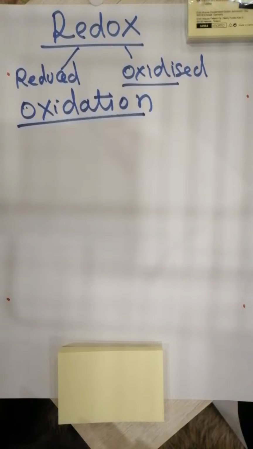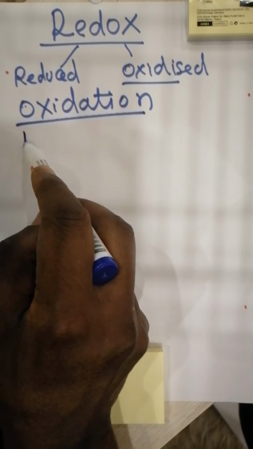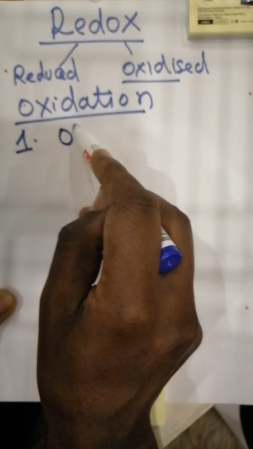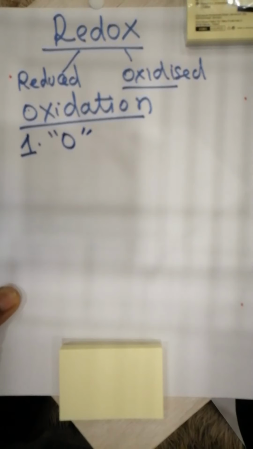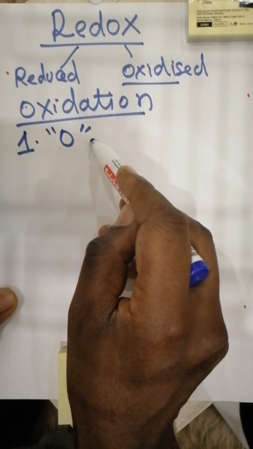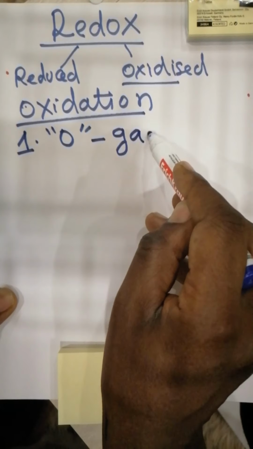One of the ways that you first learned was with reference to oxygen. So the first definition of oxidation that you studied was with reference to oxygen. And you said that oxidation is gain of oxygen.